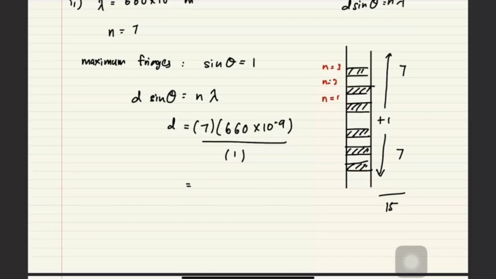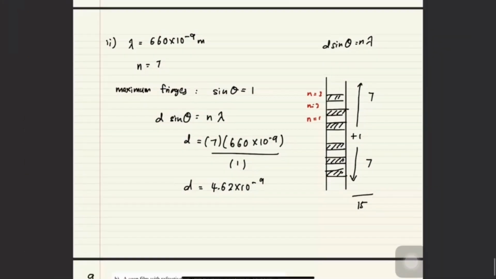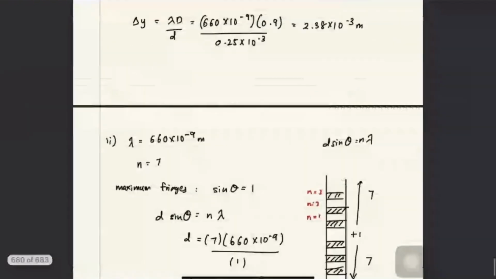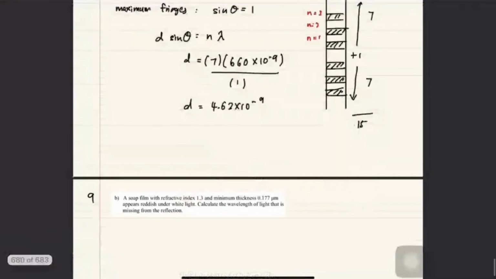So you got 4.62 times 10 negative 9. Okay, ada soalan? Okay, sir. Okay, if there's no question, we move on to the next one, which is question number 9b.